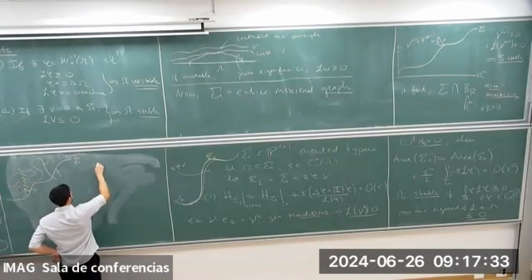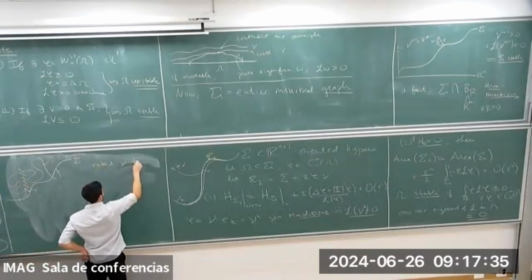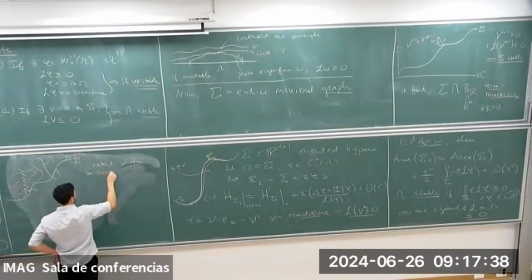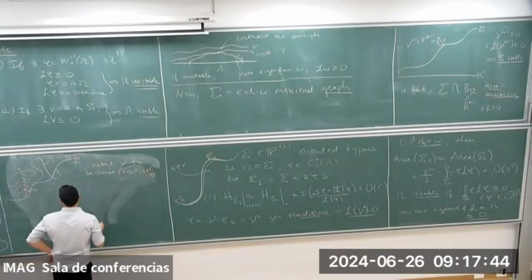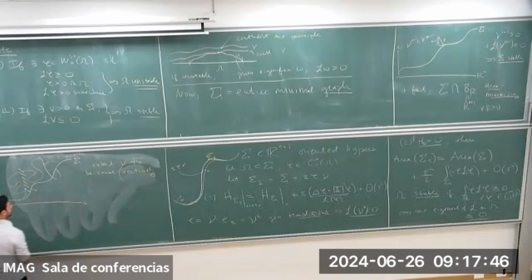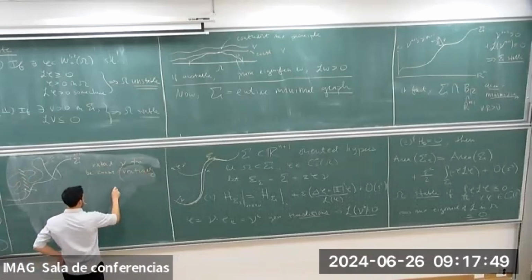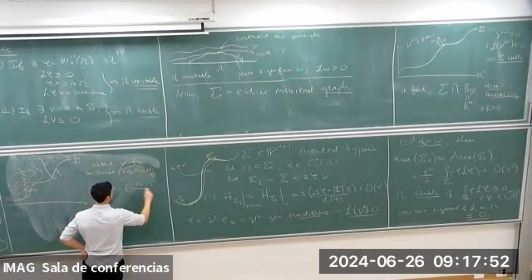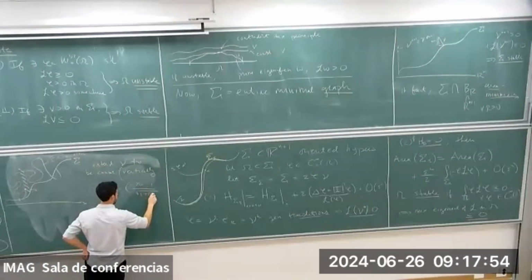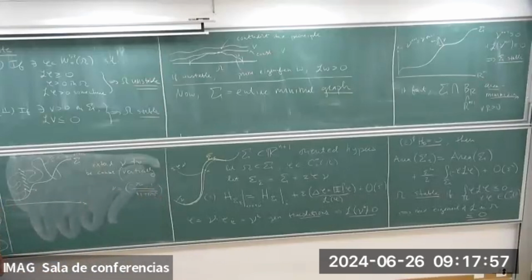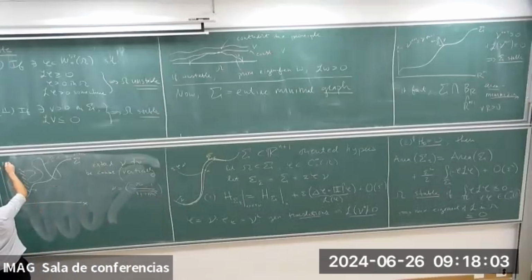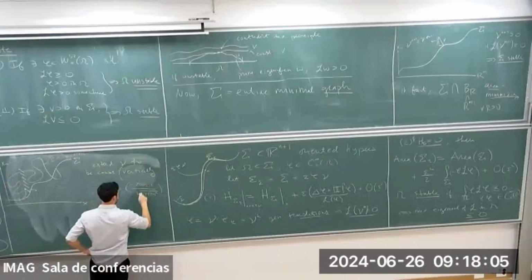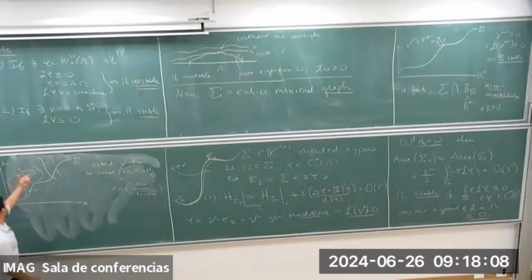So extend nu to be constant as a function of the variable x. You can just think of this variable x down here. It's a vector field on the whole ambient space that only depends on this variable.